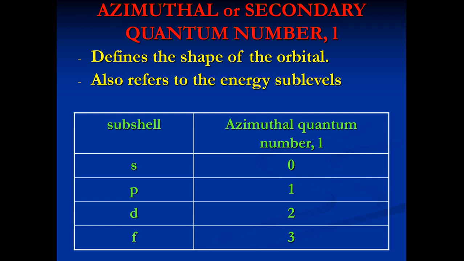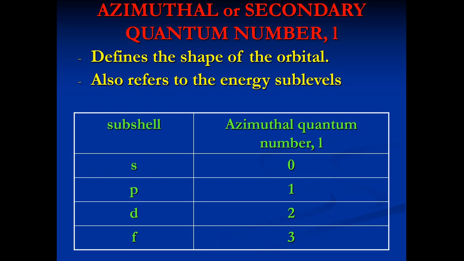So your n is equal to 1. Since it is s orbital, the azimuthal quantum number is equal to 0. The second electron is still at s orbital. So therefore you will say that your n is equal to 1, your L is equal to 0, because the second electron is at the s orbital.